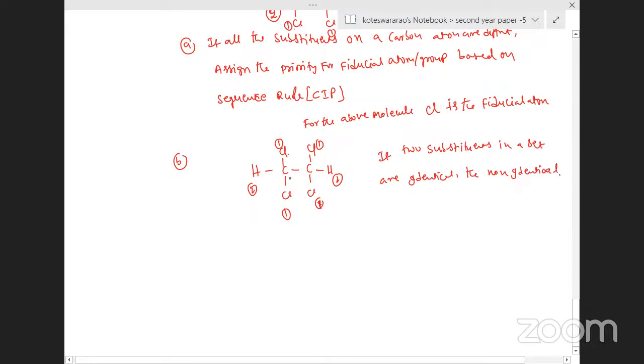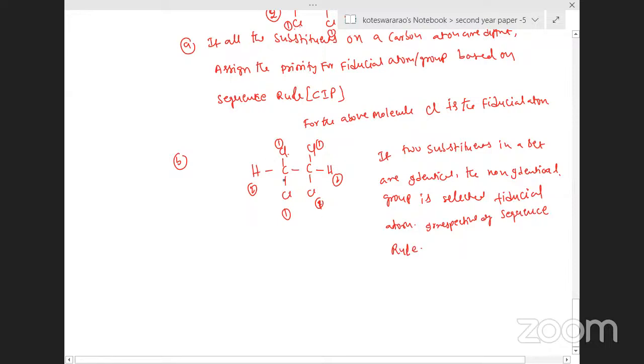The non-identical group is selected as the fiducial atom, irrespective of sequence rules. Irrespective of sequence rule. Right.